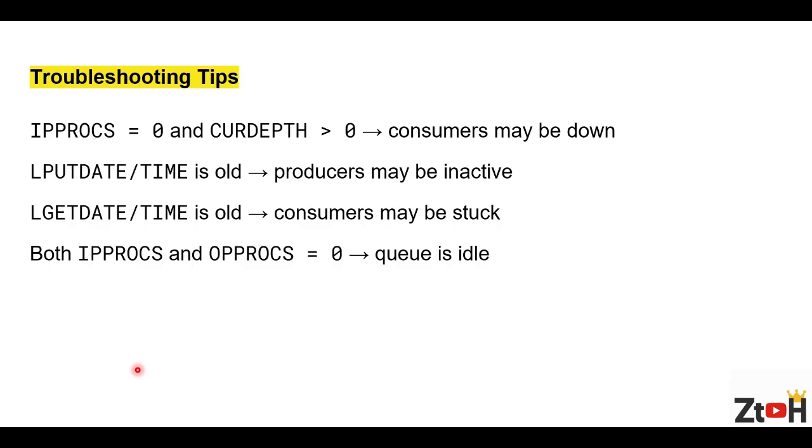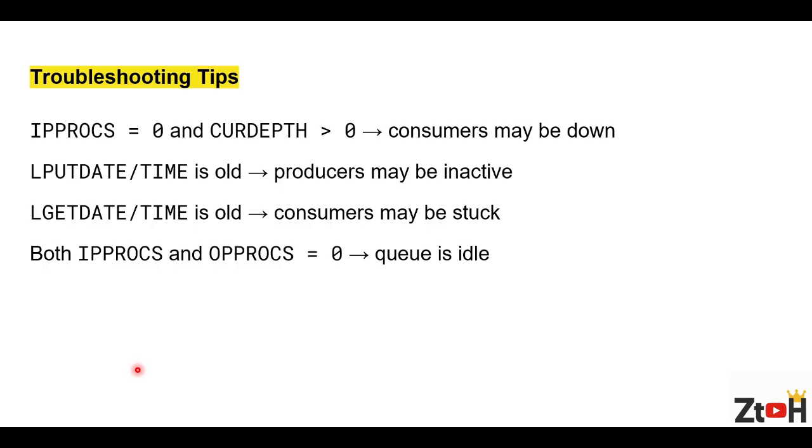Now let's see some troubleshooting tips. When IPPROCS is 0 and current depth is more than 0, the consumers may be down. When LPUT date or time is old, producers may be inactive.